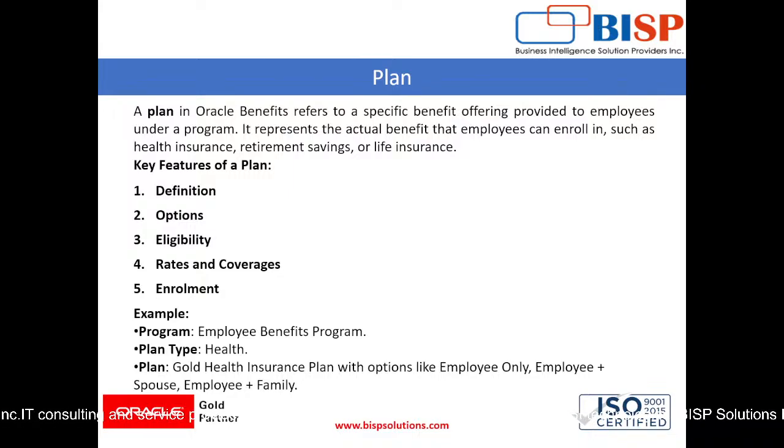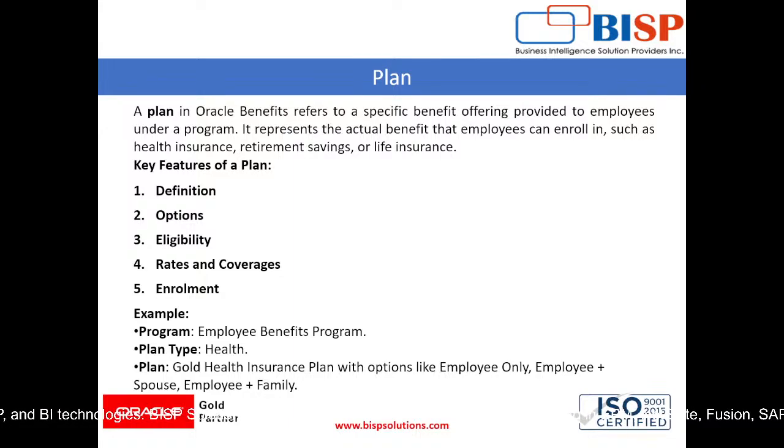Then the third key feature is your eligibility. Plans are linked to eligibility profile to define which employee can access them. So inside plans you will attach your eligibility profile.